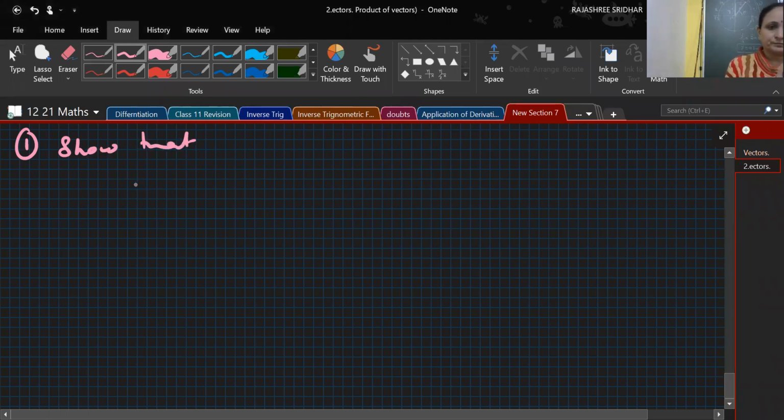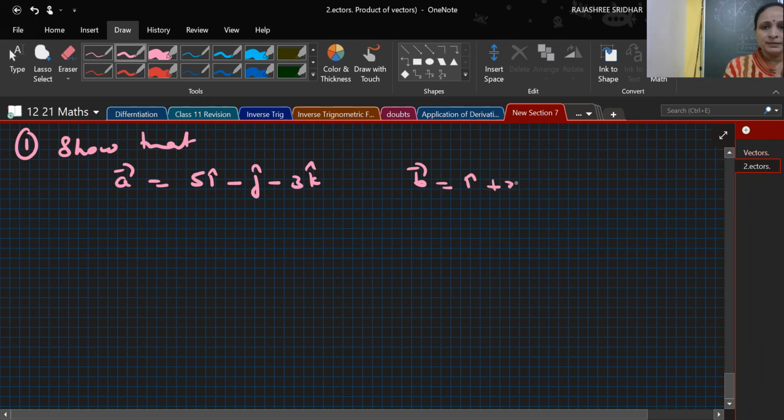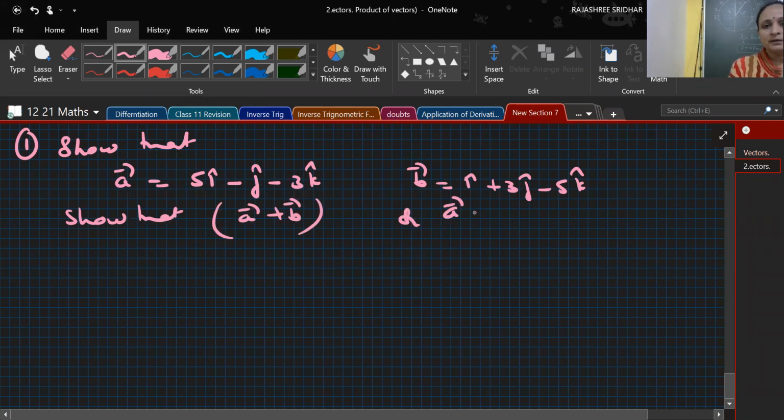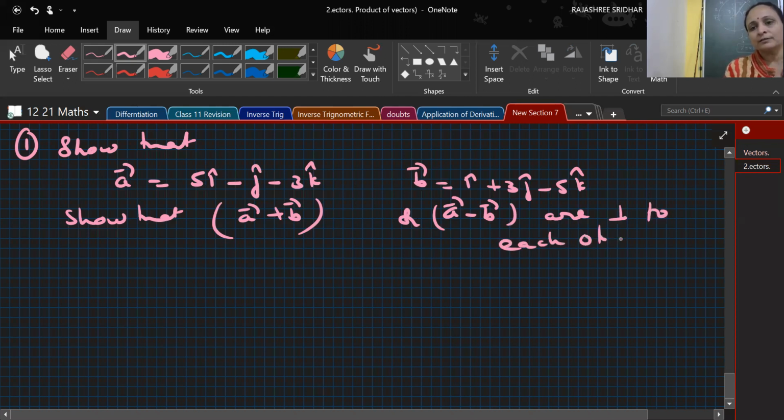Show that, where vector A is equal to 5i cap minus j cap minus k cap, and vector B is equal to i plus 3j cap minus 5k cap, A plus B and A minus B are perpendicular to each other.